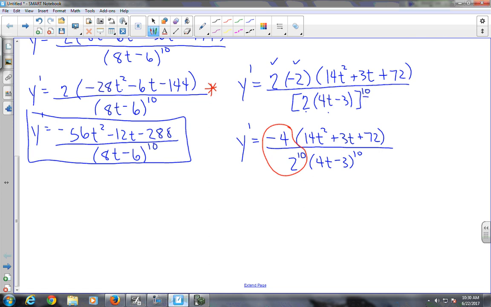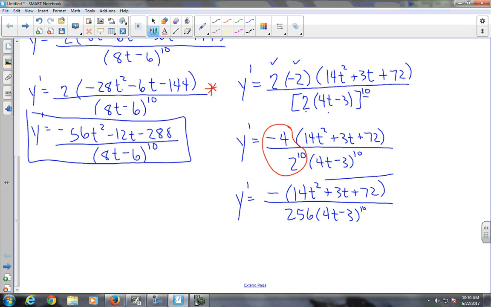So our completely simplified fraction here would be negative, parentheses, 14t squared plus 3t plus 72, divided by 256 times (4t minus 3) to the 10th. All right, so that's our completely reduced answer, which is really the best answer.